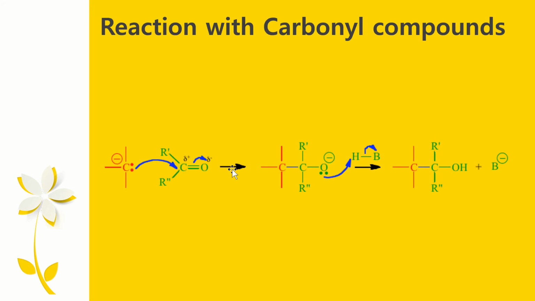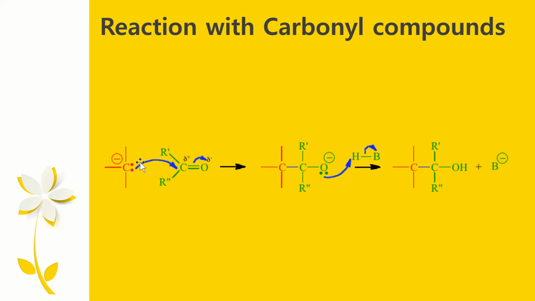Another way in which they react is with carbonyl compounds, right? As we can see here, our carbanion, which is nucleophilic again, will attack the electrophilic center of our carbonyl. We're talking about this might be a ketone, if these two R's are carbons, right?